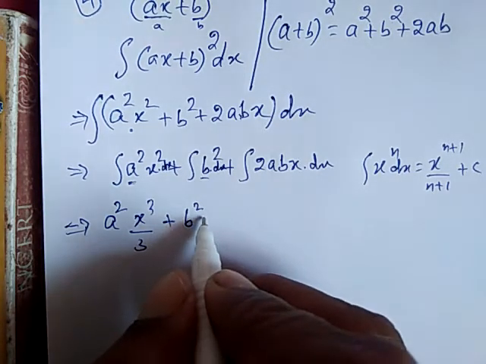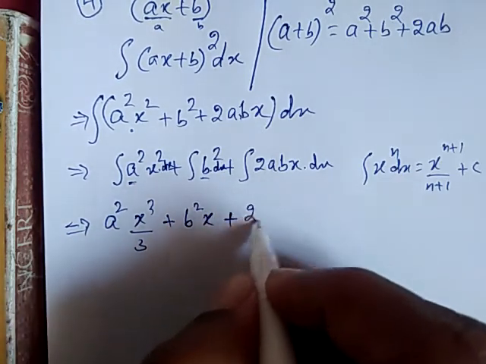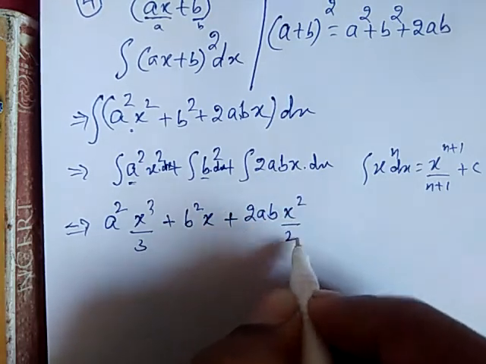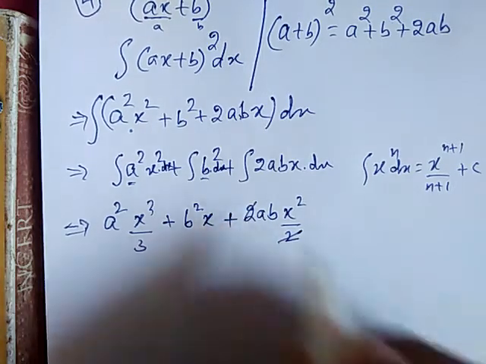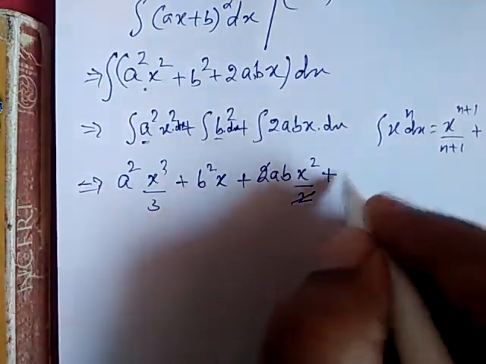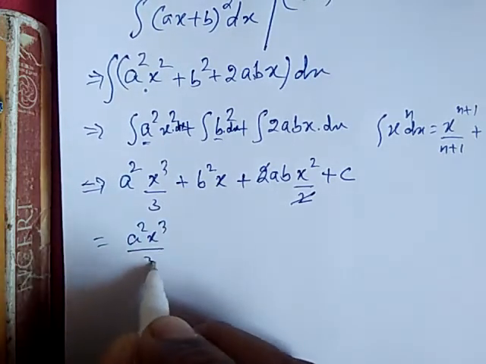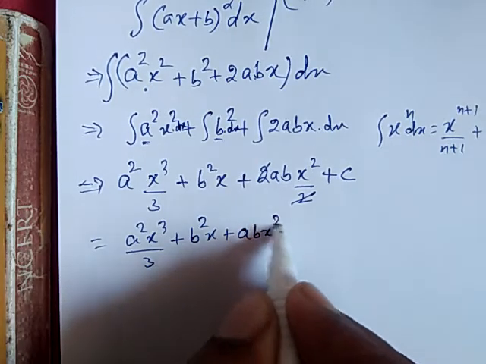Integration of 1 is x. Here 2ab is constant, so integration of x is x square by 2, and the 2s cancel. Plus c, the constant. So this will be a square x cube divided by 3 plus b square x plus abx square plus c.